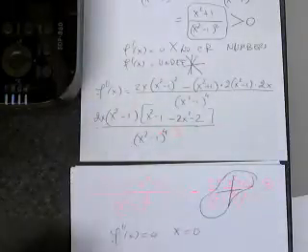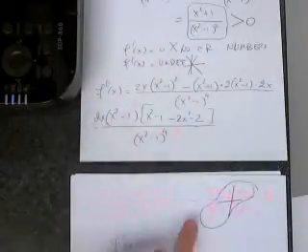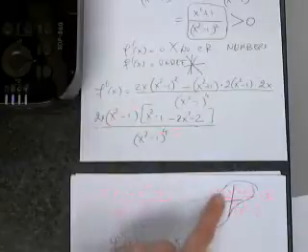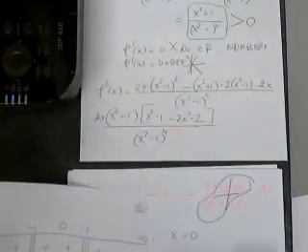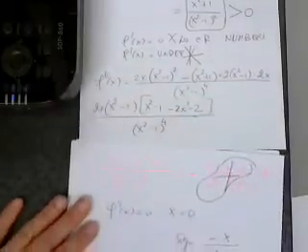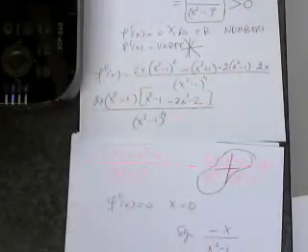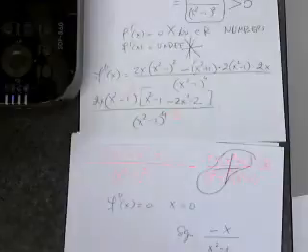But now I have to study the sign of negative x over x squared minus 1. So the sign is only given by this. So pick a value like -3, plug it in and tell me the sign.